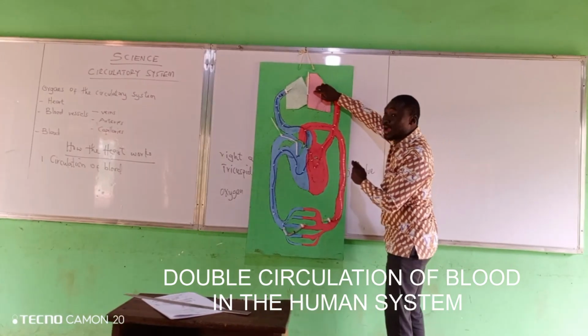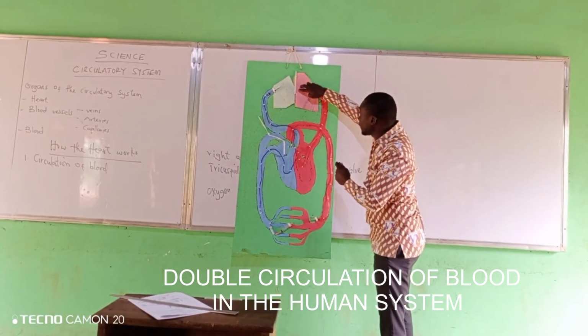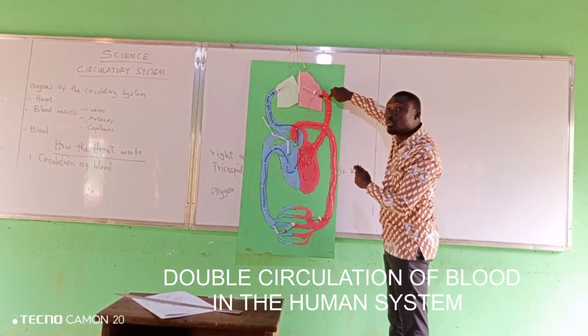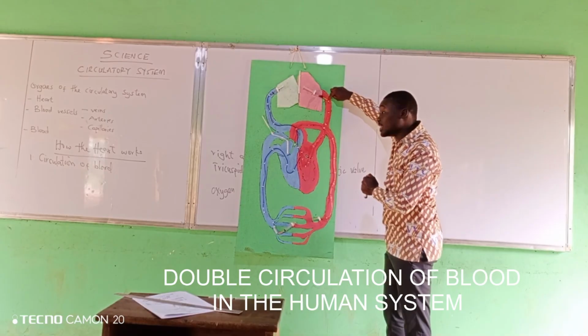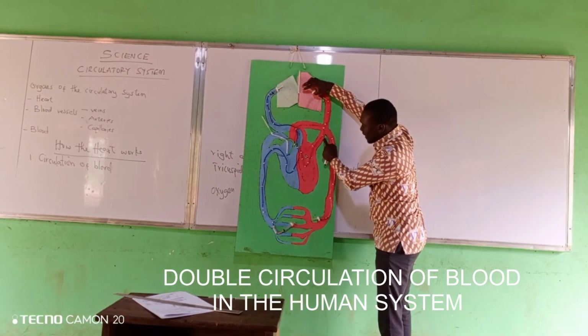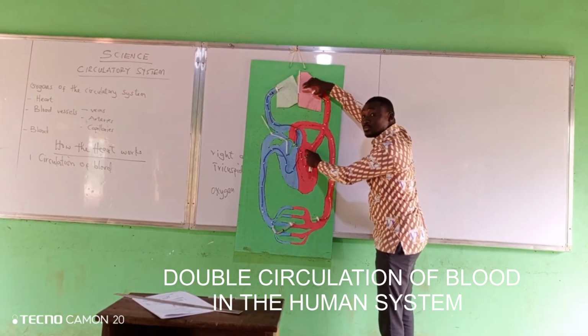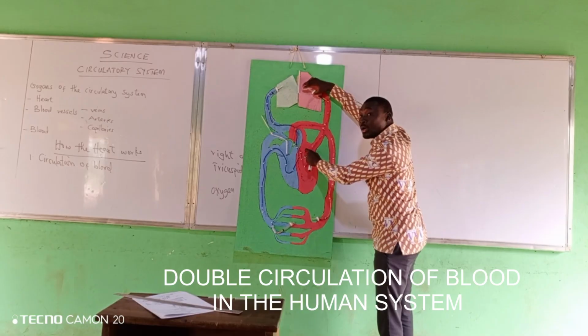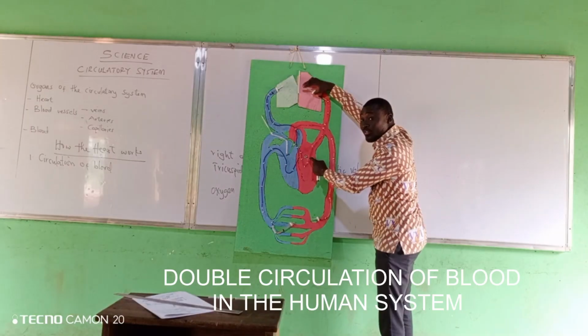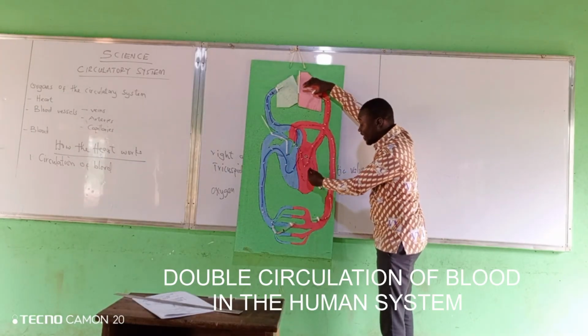From the lung, it passes through the pulmonary vein. Then it enters the left auricle, or the left atrium. Then it passes through the bicuspid valve, that's the valve which prevents backflow.